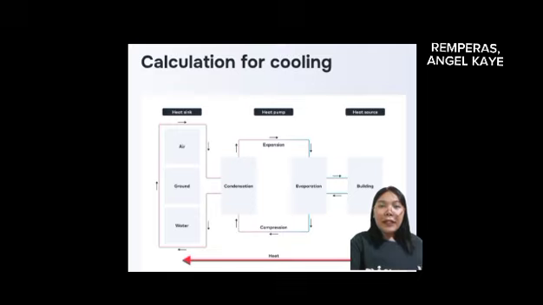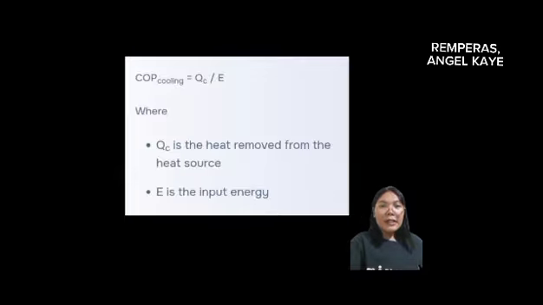Therefore, the ratio of heat removed to input energy, for example electricity, to operate the heat pump is considered. And the COP cooling formula equals QC divided by E, wherein QC is the heat removed from the heat source, E is the input energy.